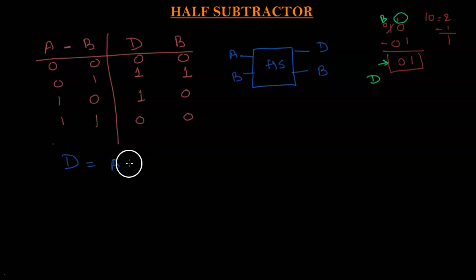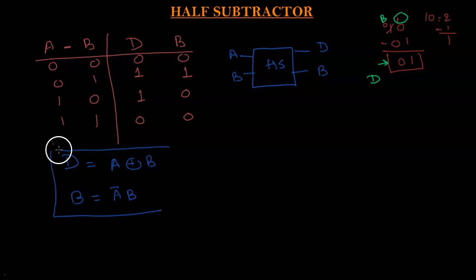So we have A XOR B as the difference equation, and the borrow is 0 1 1 0, that is 1 is present at A equal to 0, B equal to 1. So that means A bar B. This is our equation of difference and borrow for a half subtractor.